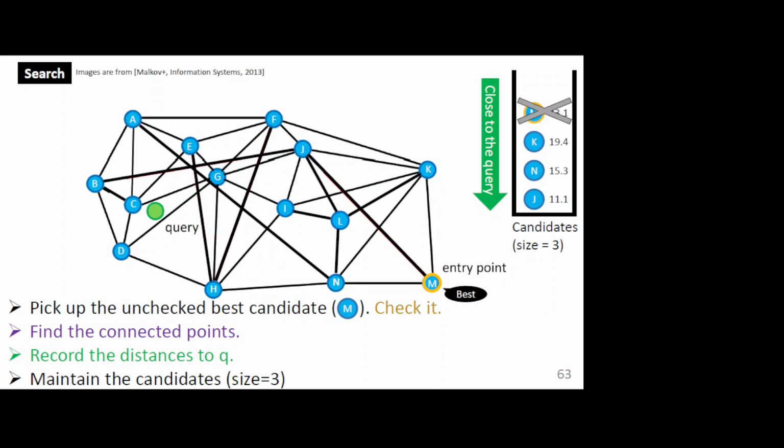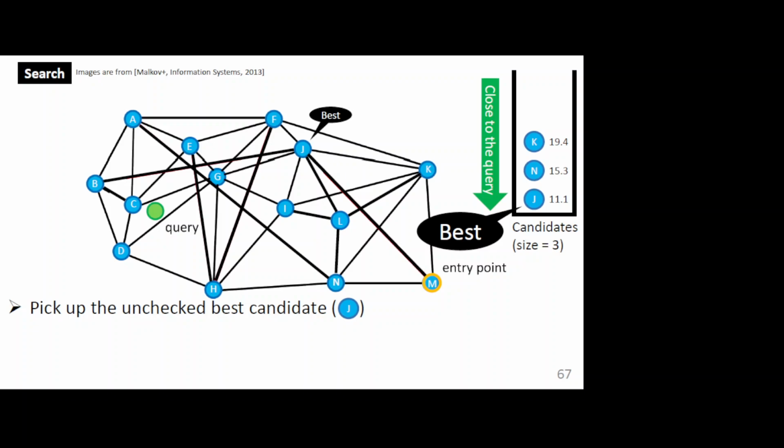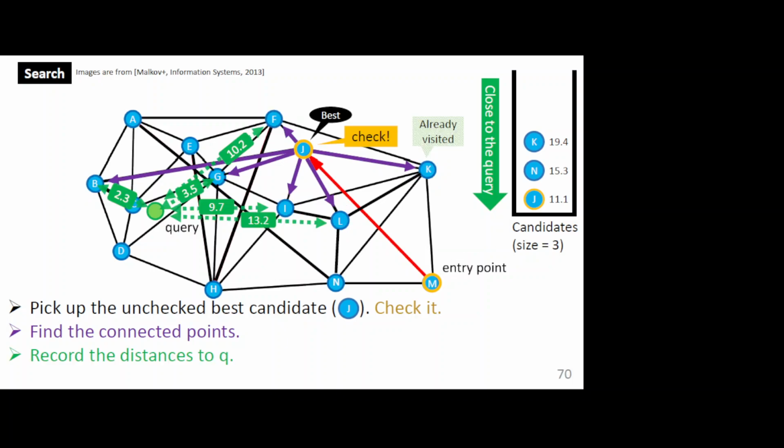Okay, then we finish the first iteration. For the second, you just pick the first one. The smallest one is J. So J is now the current best. Okay, then we check it to find its neighbors. It contains many neighbors. For each neighbor, compute the distance to the query.